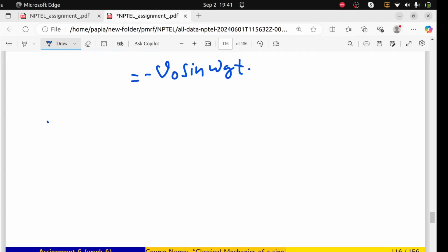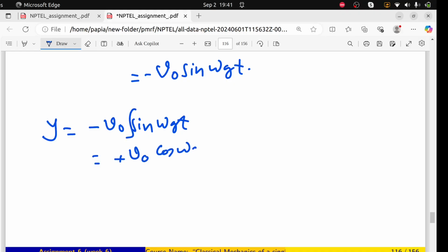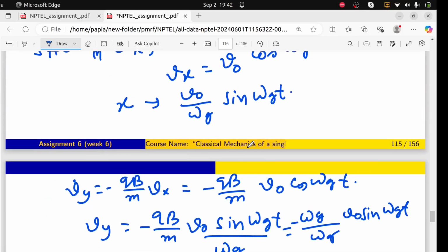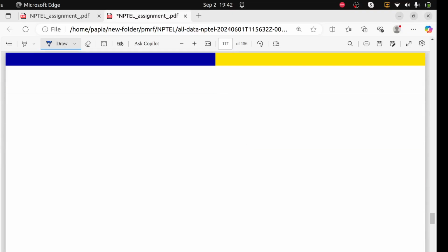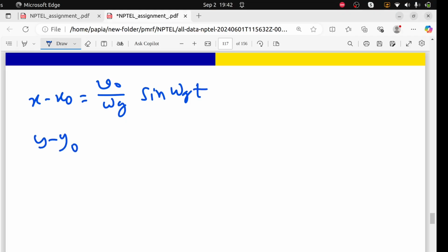So y is minus V0 sin omega z t integrated, so it is plus V0 cos omega z t by omega z plus y0. Here also something like x0 will come, so x minus x0 is V0 by omega z sin omega z t, and y minus y0 is this.